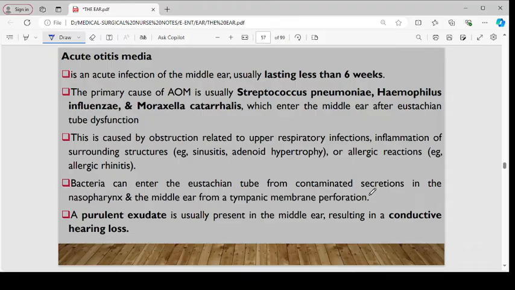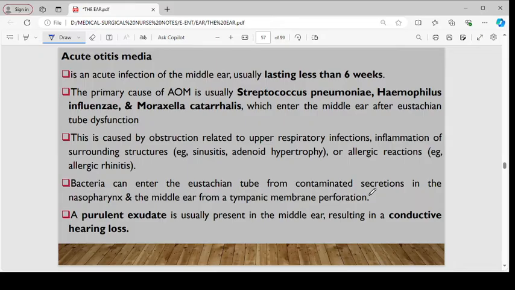obstruction related to upper respiratory infections, inflammation of surrounding structures like sinusitis, adenoid hypertrophy, or allergic reactions or allergic rhinitis. Bacteria can enter the eustachian tube from contaminated secretions in the nasopharynx.